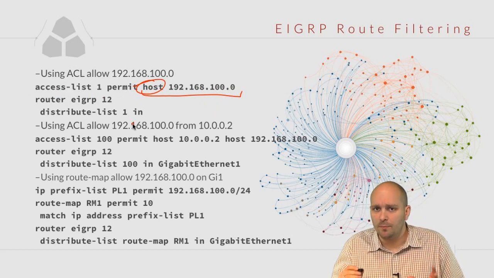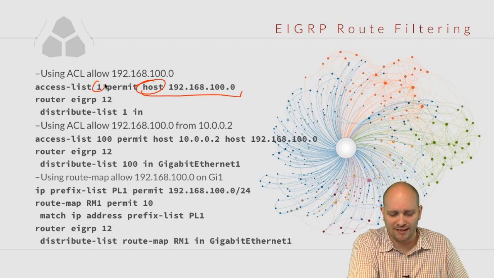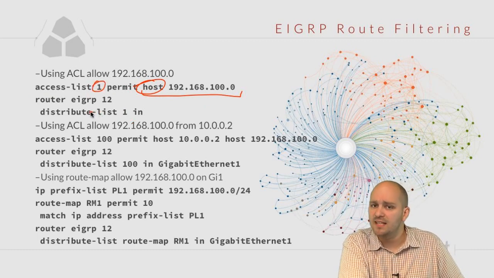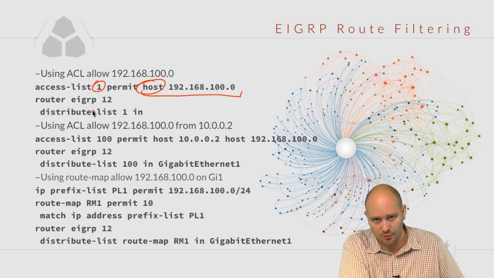Now, this is very important to understand, because in this context, this access list number 1 is not a traffic filter. It's a route filter.